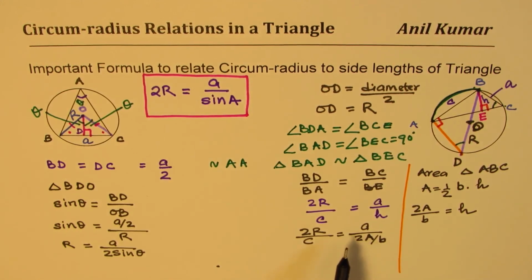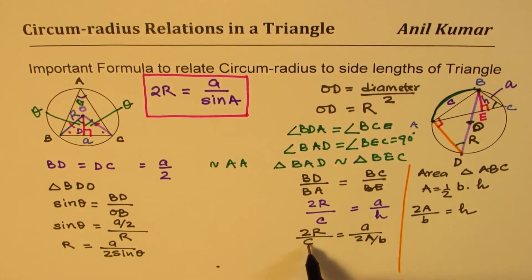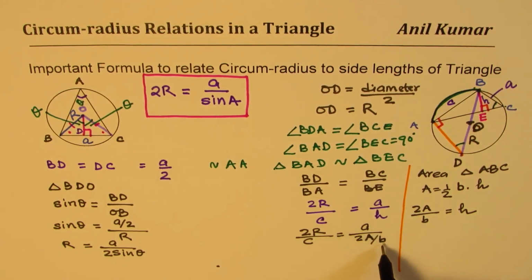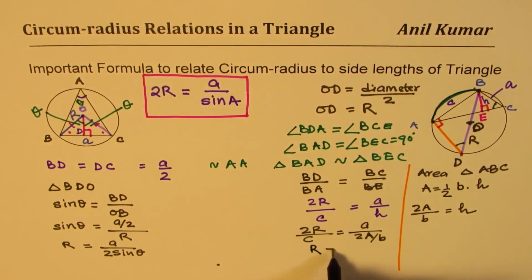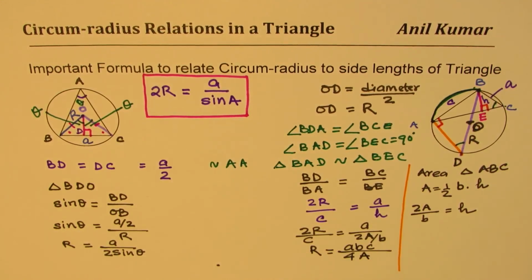Now we can actually correlate radius with the area of a triangle and the sides of the triangle. So if I cross multiply, take c on this side, that b comes on the top, we get abc in the numerator and this 2 in the denominator. So we can write R is equal to abc over 4A. Is that clear?